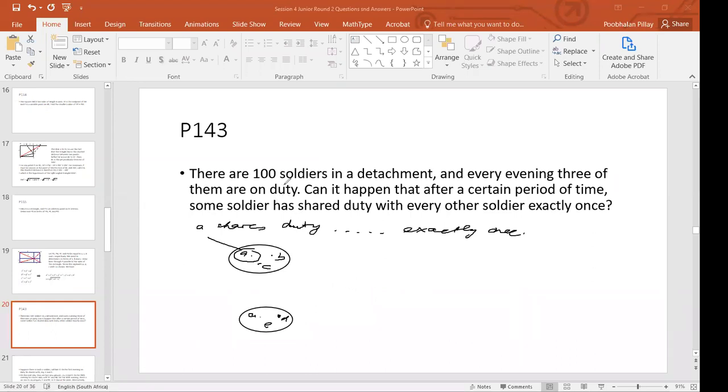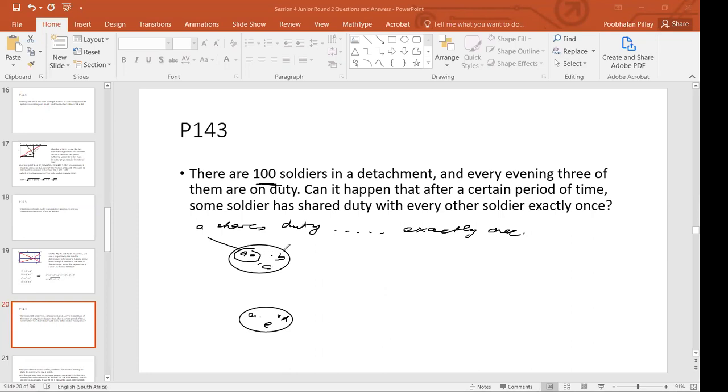There are 100 soldiers altogether, right? So what happens now? There are only 99 soldiers left, right? So you can see immediately that it can't be done, because from 99 people, he selects them 2 at a time, and they all must be new.